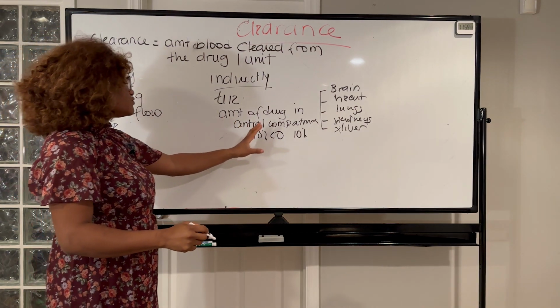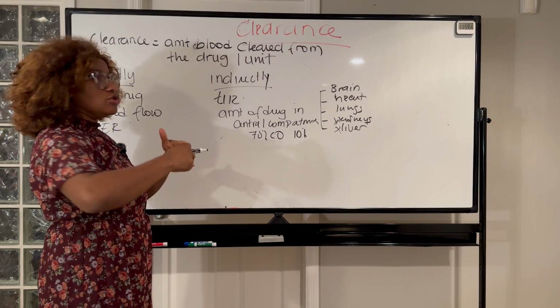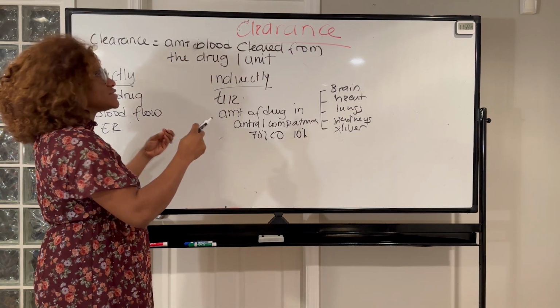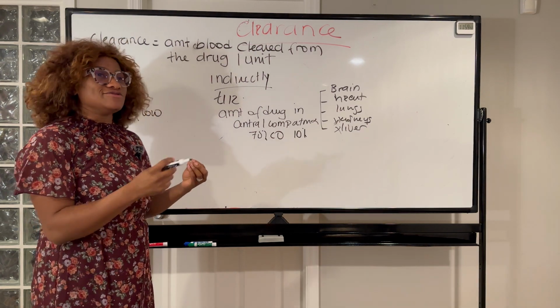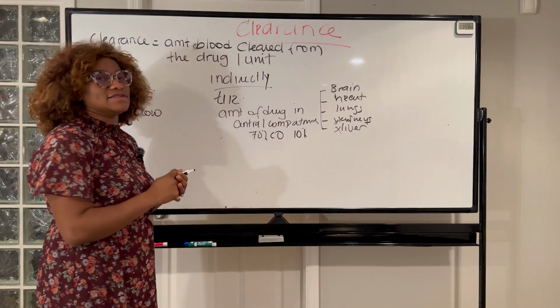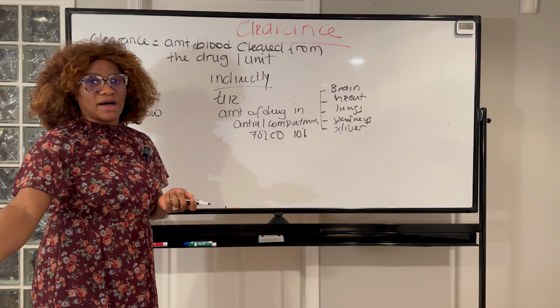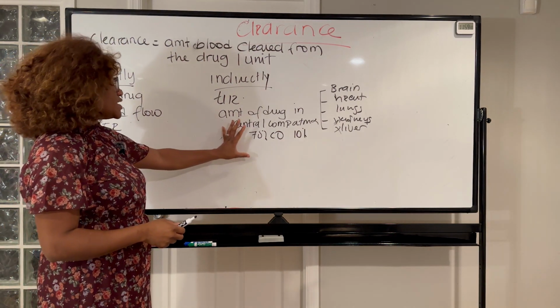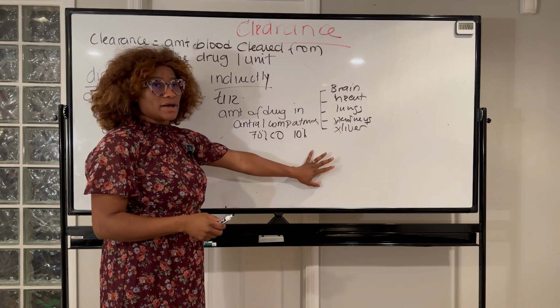If we have a drug that stays longer in the central compartment, that means our clearance is going to be reduced because the drug is in that compartment, it's not getting out of the body system. So it's inversely proportional to the amount of drug in the central compartment.